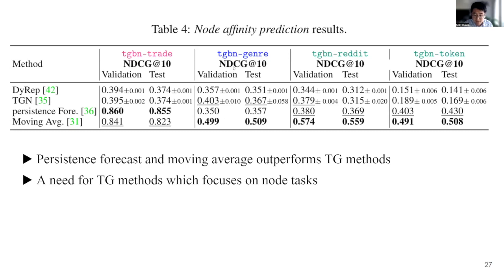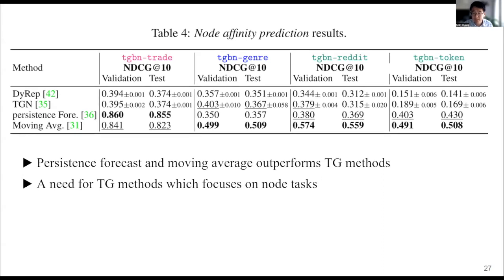We see that, very surprisingly, some of the strong performing methods for link prediction don't really work well in the node affinity prediction task. Here we see that the performance is actually dominated for the most part by simple heuristics such as persistent forecast and moving average.